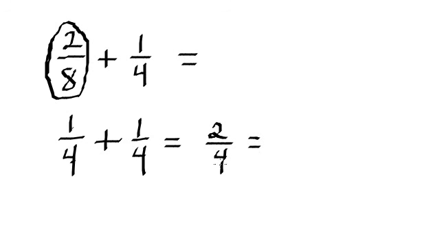Now of course we're going to end up simplifying this down, but it's not going to be as bad. So 2 goes into 2 one time, and 2 goes into 4 2 times. So this is equal to 1/2.